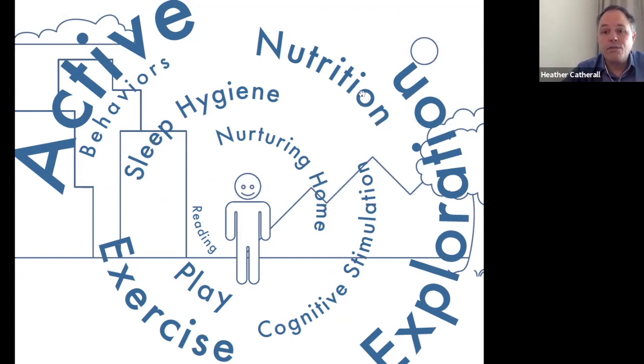A variety of foods, all these different forms of cognitive stimulation and physical activity. When we're talking about play, it's indoor, outdoor, it's alone, in groups, it's structured, it's unstructured. All of these things sound very touchy-feely. Oh, that's nice. It goes beyond that.